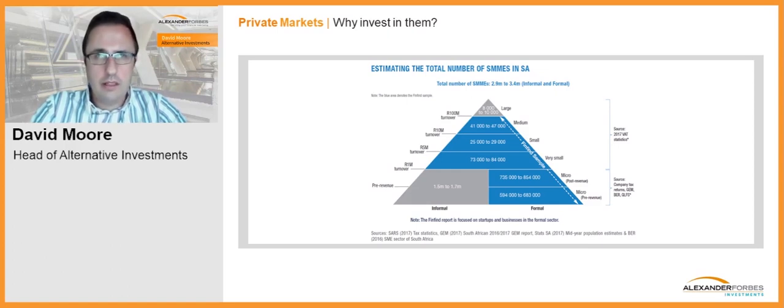Compare that to the 250 to 300 listed companies in South Africa, and it really speaks to the depth and breadth of investment opportunity available in the private markets that can augment and positively contribute to the returns of your portfolio, should you invest wisely and prudently, of course. It speaks to the thesis that way more investment opportunity is present, and therefore there is potential to access superior returning investment opportunities through targeted allocation to private markets, which can then complement your traditionally asset-heavy portfolio.